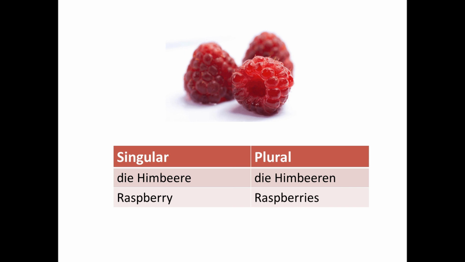The Himbeere, the Himbeere, and the Himbeeren, raspberry and raspberries. So this fruit is my favorite because I used to eat a lot of jam from this fruit, and jam in German is known as Marmelade, die Marmelade.